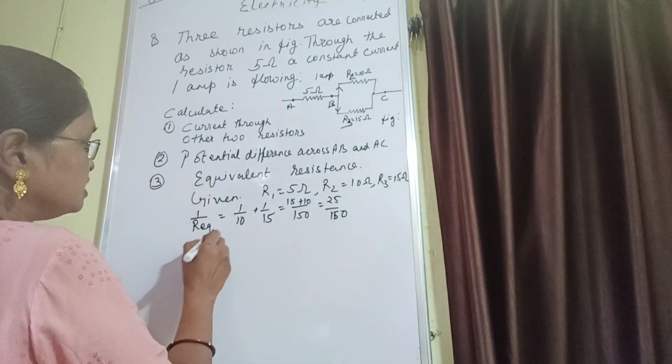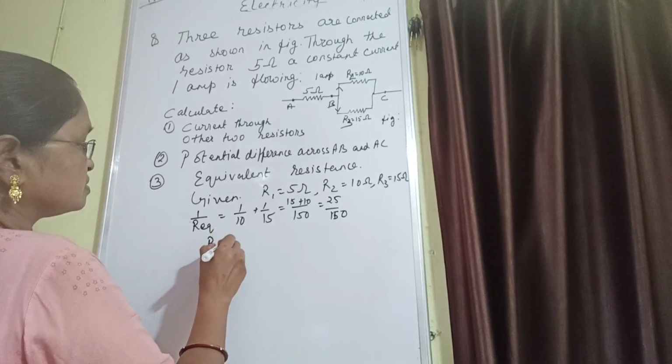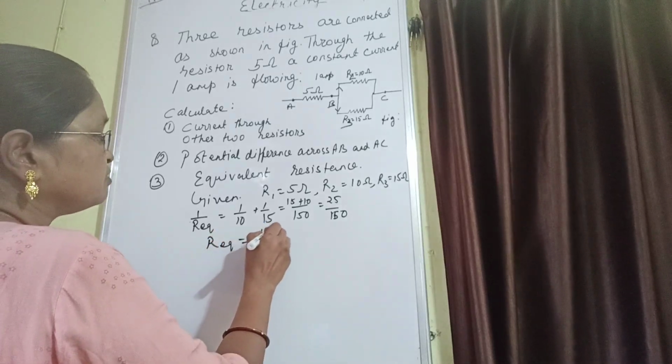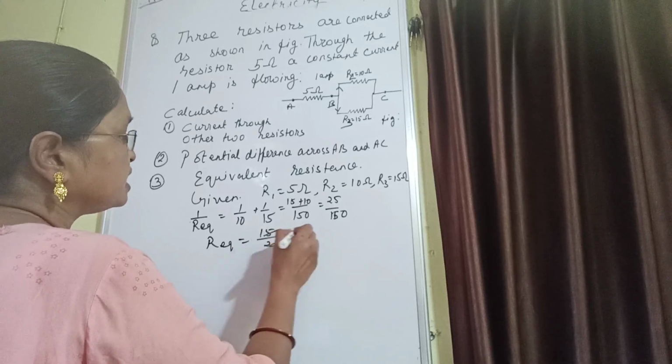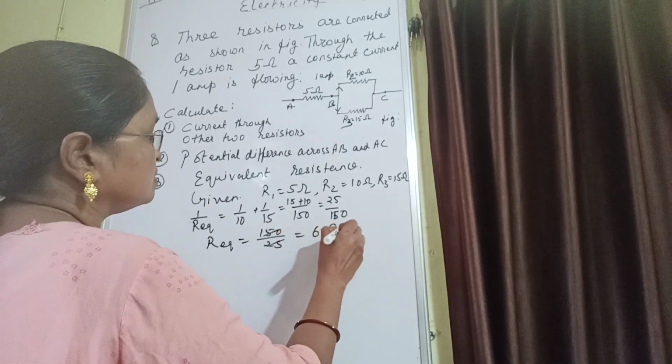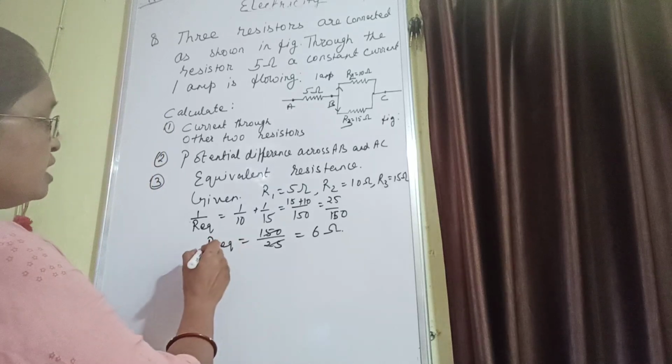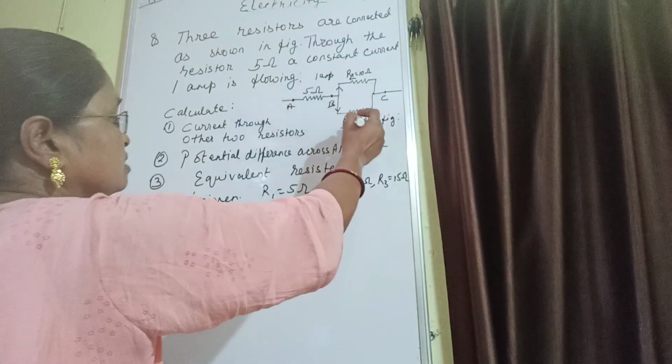Just reverse it. So R equivalent is equal to 150 by 25, and that we will get, that is 6 ohm. So we have got R equivalent for the parallel one.